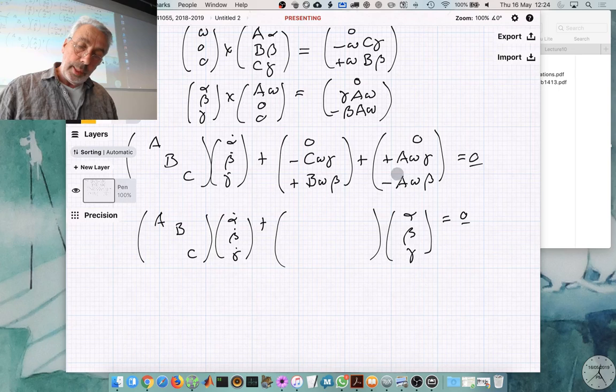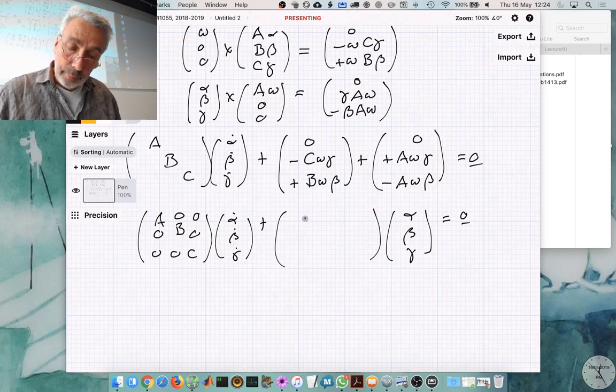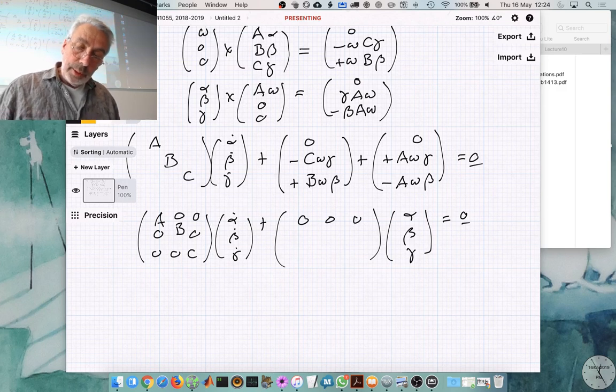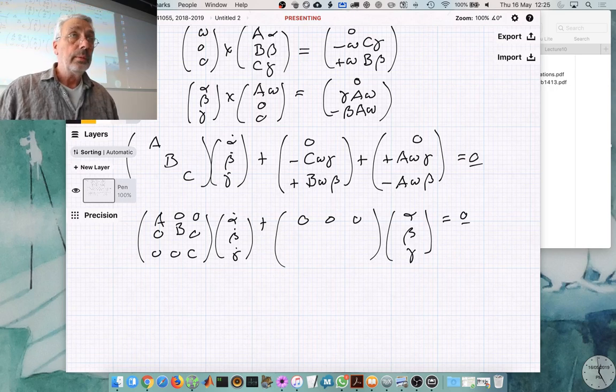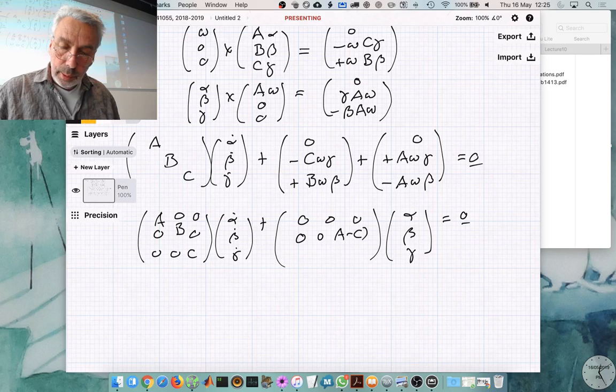So extracting from these two vectors what it should be in the matrix, well, I know the first row is all zeros, because there is no contribution. Then the second row has something to do only with gamma. So there's a 0, 0, and then I get A minus C omega times gamma.